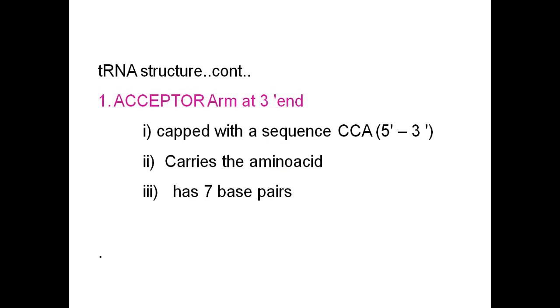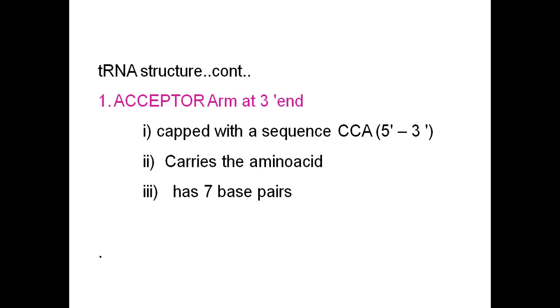Coming to the structure of tRNA, as I told, there are 5 types of arms in tRNA. We will see each arm and its function. The first arm is called the acceptor arm, which is present at the 3' end of tRNA. At the 3' end of this acceptor arm, there is a cap with a sequence called CCA.